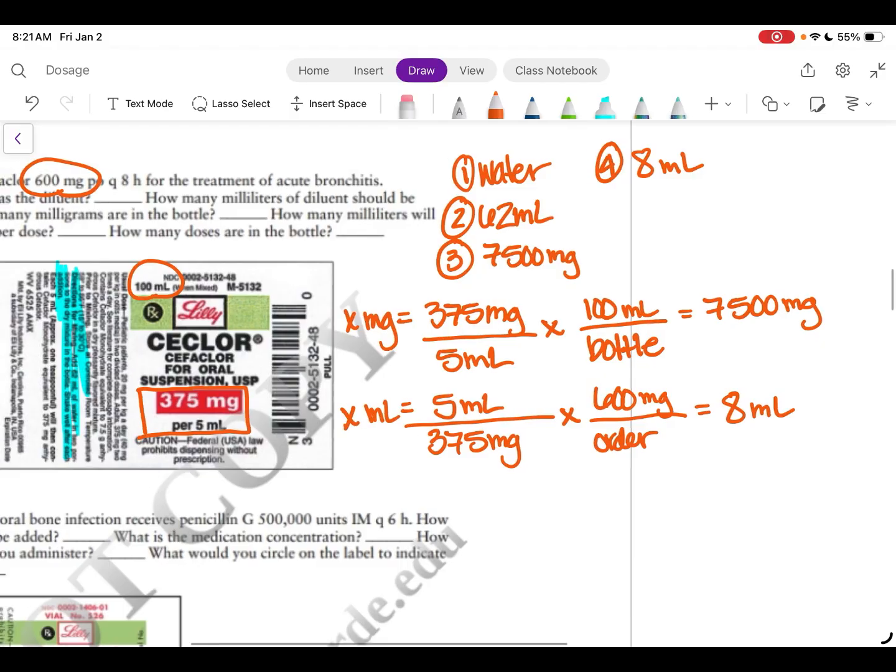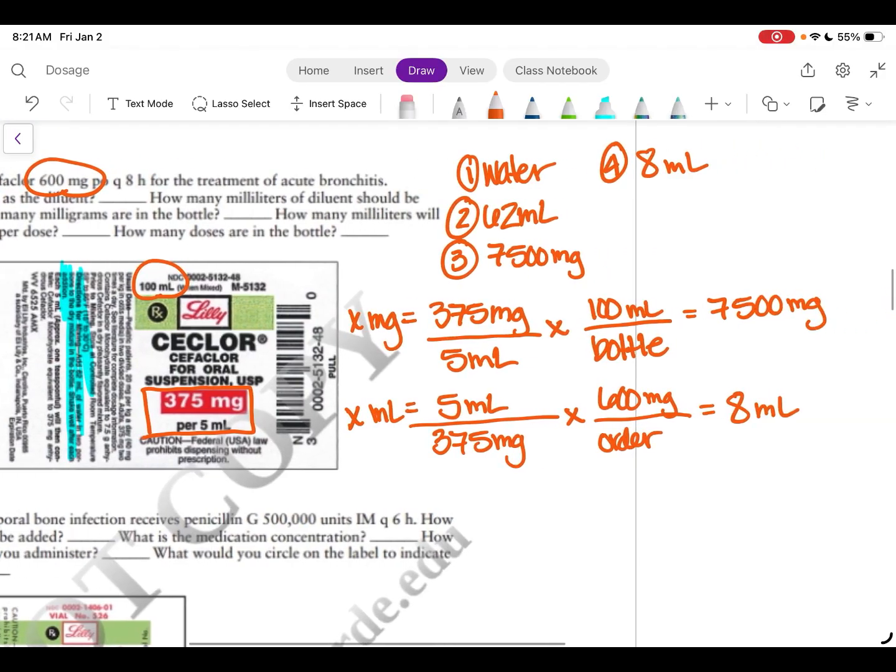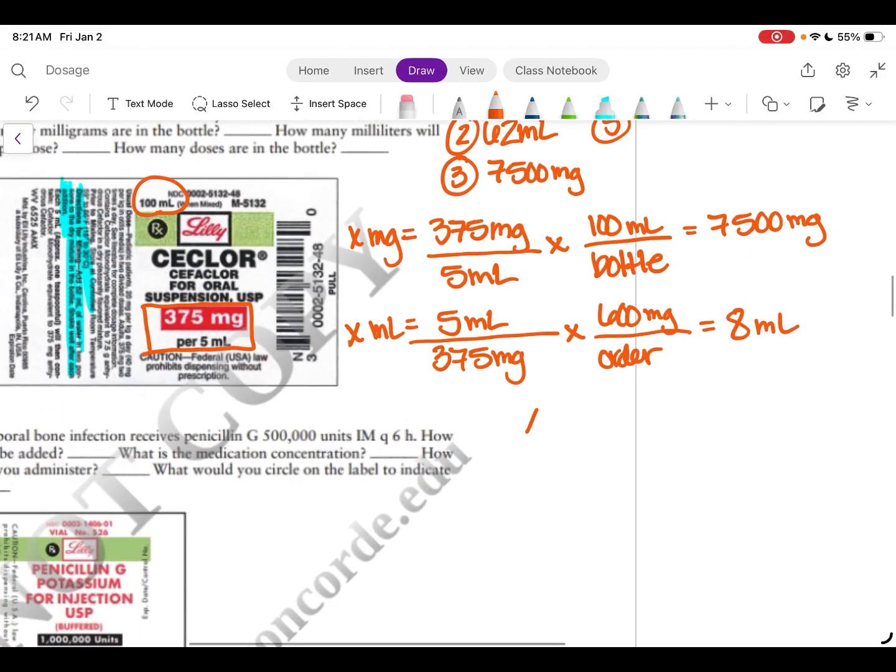Okay. And then a final question, how many doses are in the bottle? Right, so X doses. We just figured out that one dose is 8 milliliters. And we know that the whole bottle is 100.